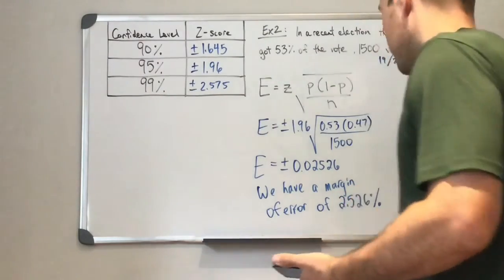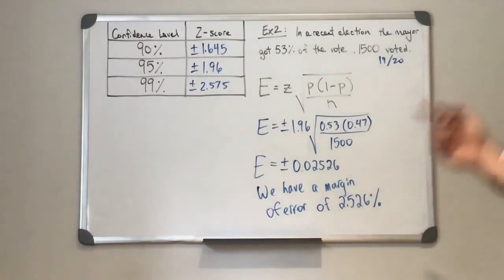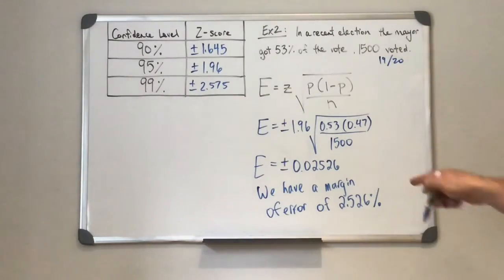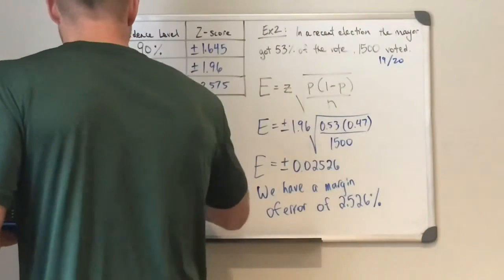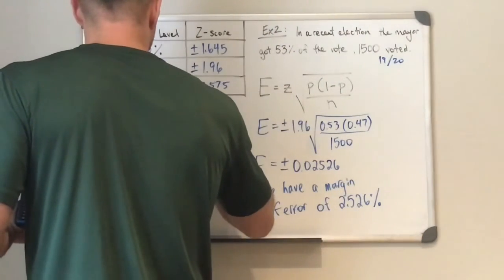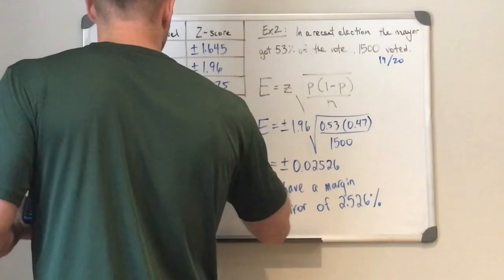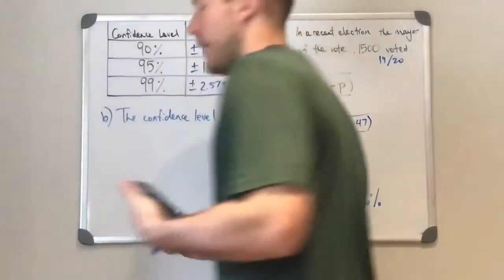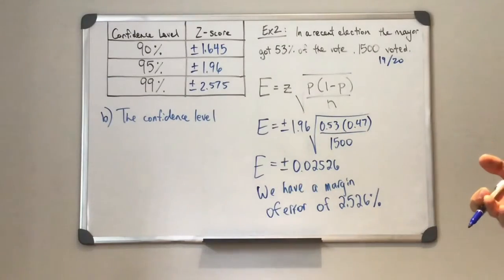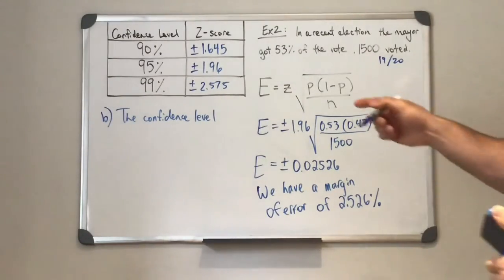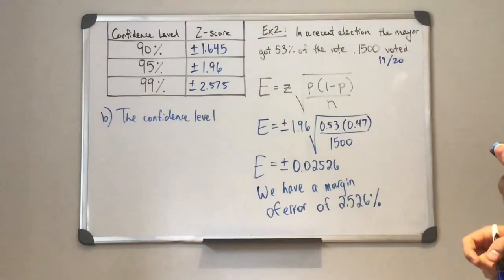Okay, so that would be the margin of error. The confidence level, I think, was part B. And this is using our margin of error to add and subtract from our value here.